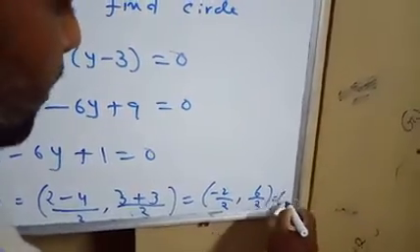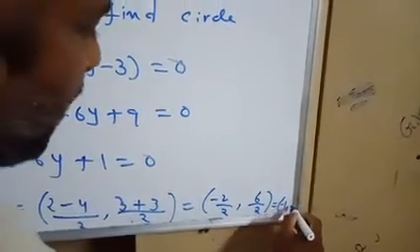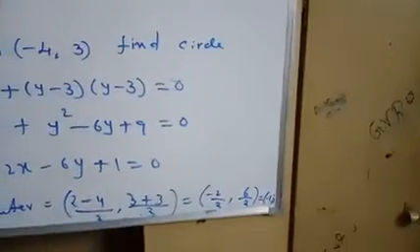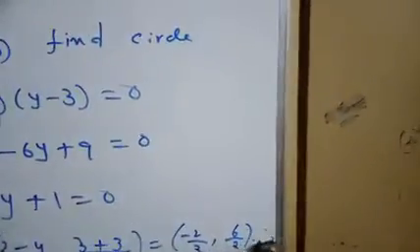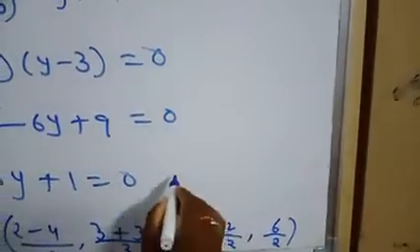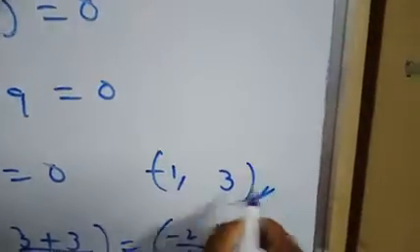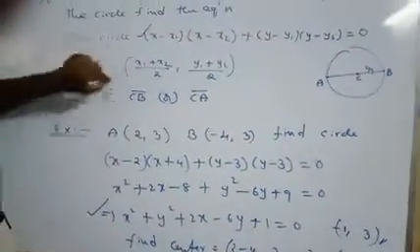So the answer is minus 1 comma 3. So I am writing above: minus 1 comma 3 is the answer. So this is another concept, another question.